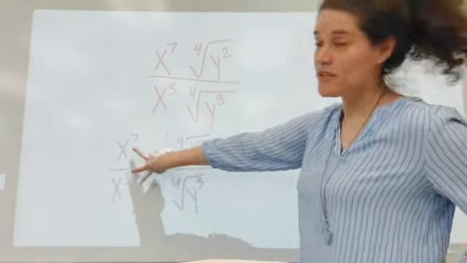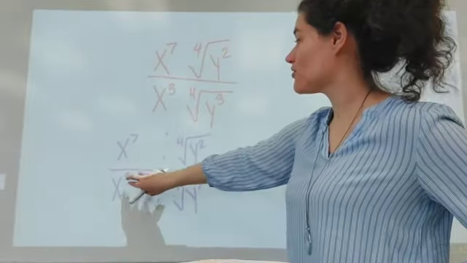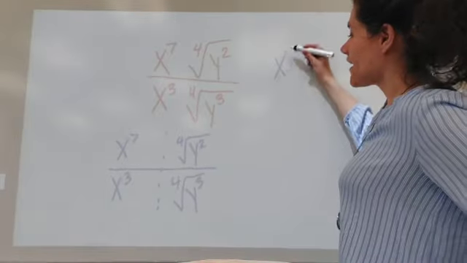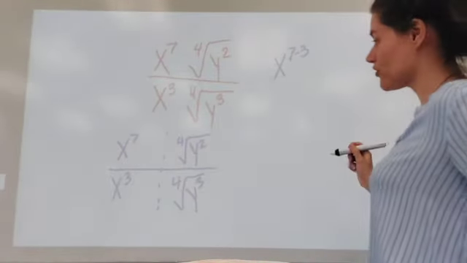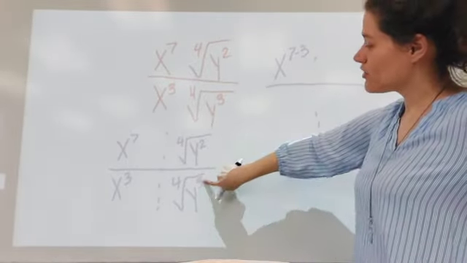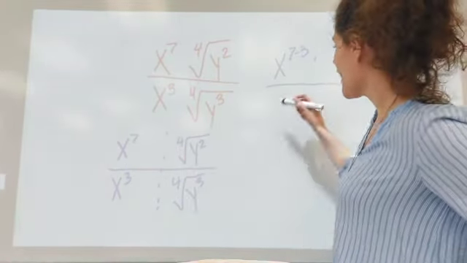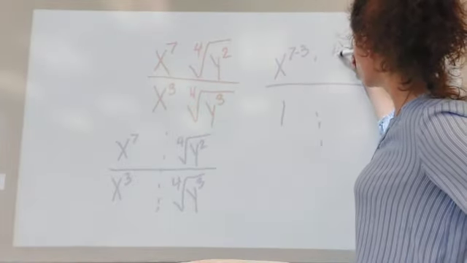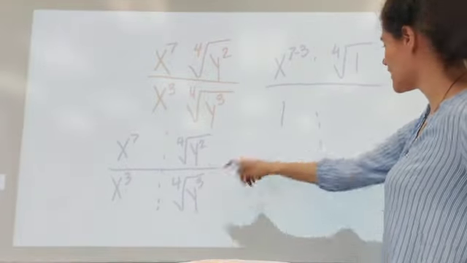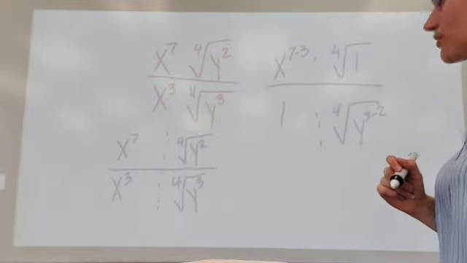So if you remember from your exponent rules here, the 7 is the bigger number, so this is going to become a 1, and up here is going to be x to the 7th minus 3. And then here, the 3 is the one that's bigger. So now this is going to become a 1, and this is going to move. And then down here, we're going to have the 3 minus 2.